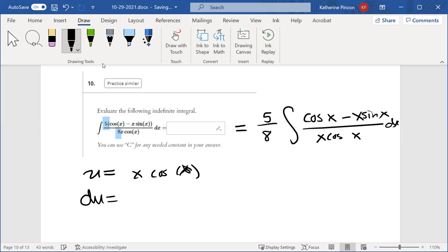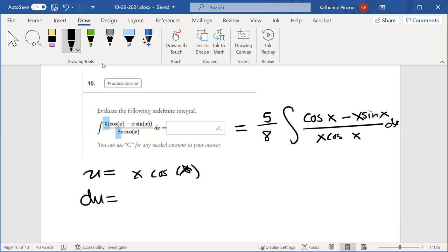Find the derivative. How are you going to find the derivative of that guy? You're going to use the product rule. The product rule says what? Derivative of the first times the second plus derivative of the second times the first.